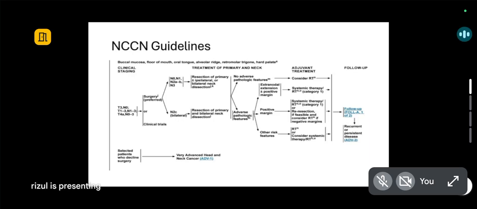Can you tell us one by one? So the first criterion is if the disease of the tongue is involving beyond the base of tongue or vallecula. Secondly, if the disease is going beyond the hyoid bone below, extending beyond the hyoid bone.